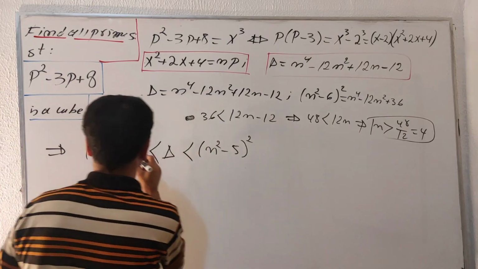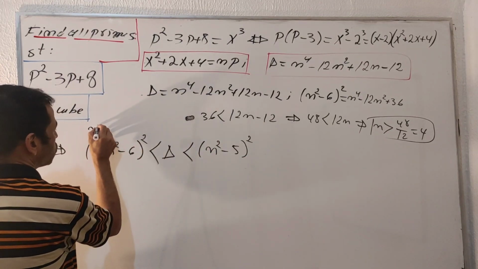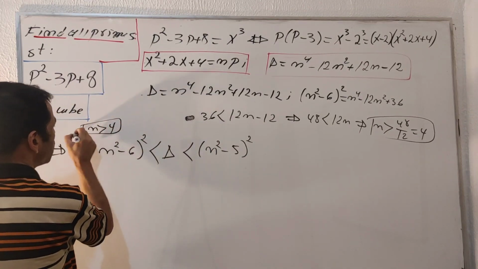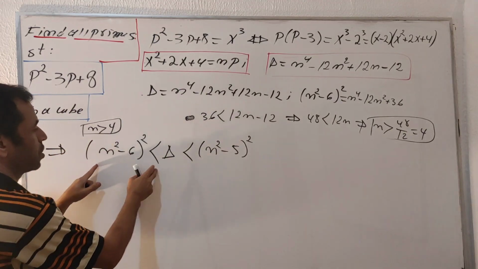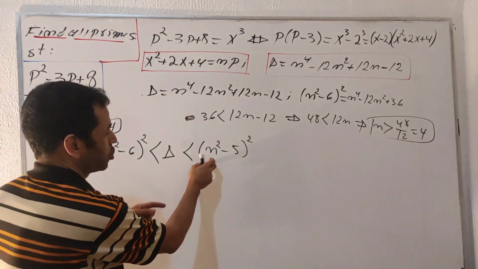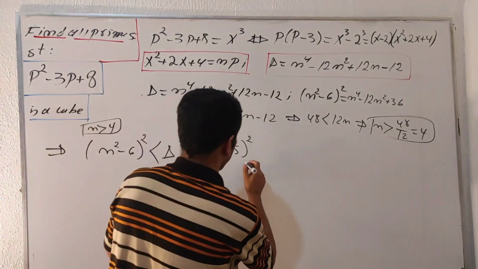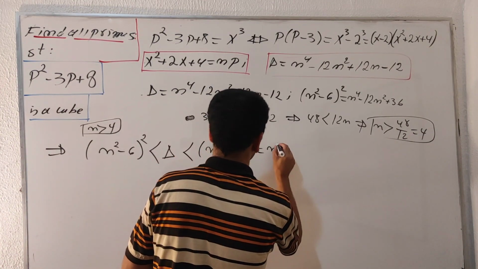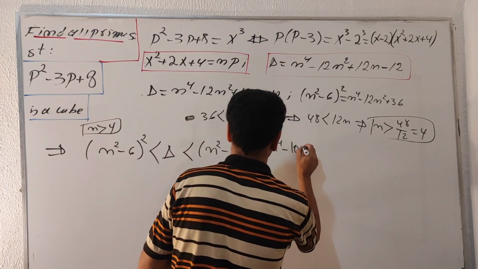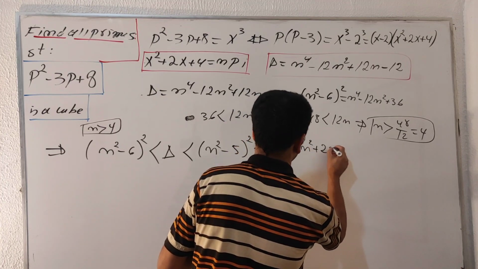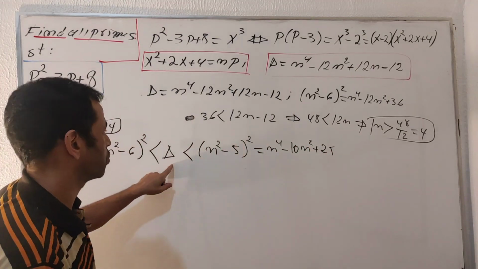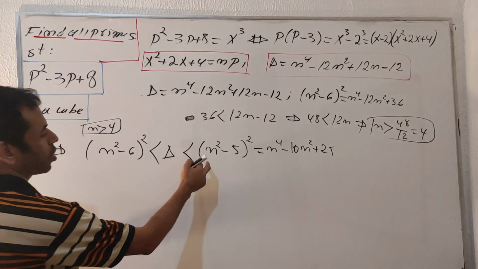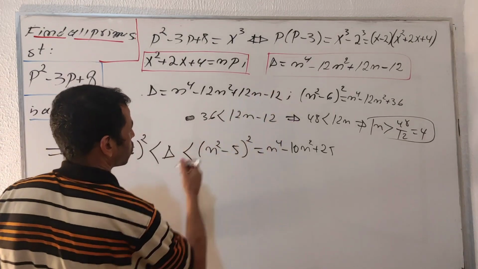But be careful here, n must be strictly superior to 4. n strictly superior to 4 makes this inequality occur, but we need to check this side as well. So let's check this one. We have n to the 4th minus 10n squared plus 25. Let's make the comparison between this one and this one. So I get the goal object, which is that one right here.